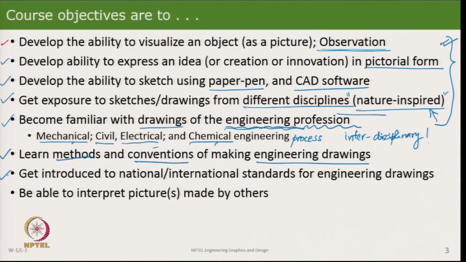And that is where we come to the next point, that we will get introduced to various national and international standards, which dominate the world of engineering drawing. And our objective finally is that we want to develop the ability to interpret pictures and drawings made by other people. So, those are the objectives of this course.